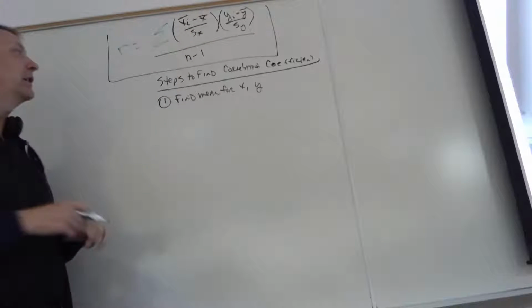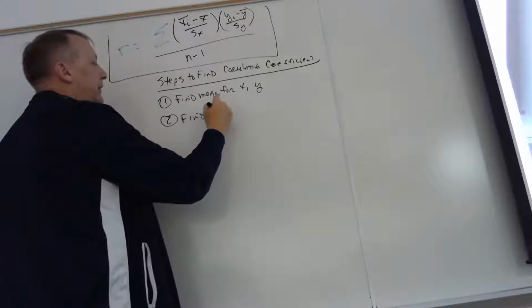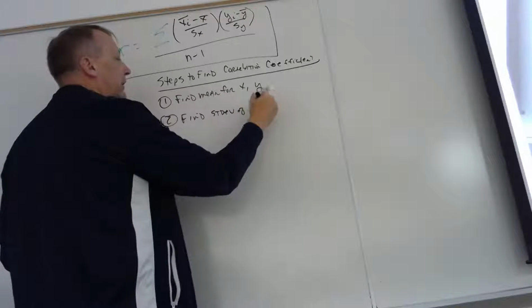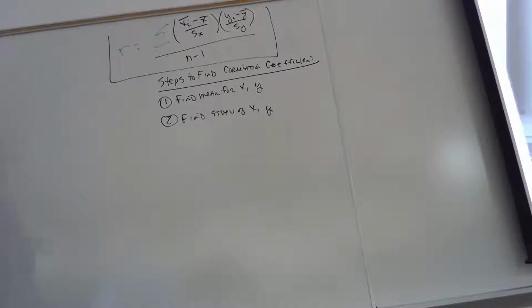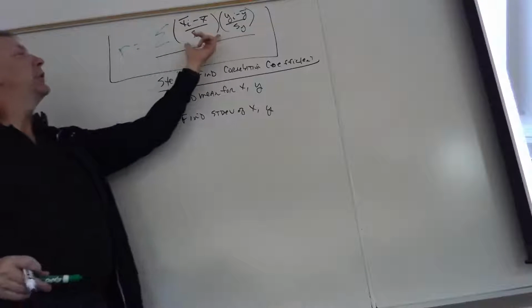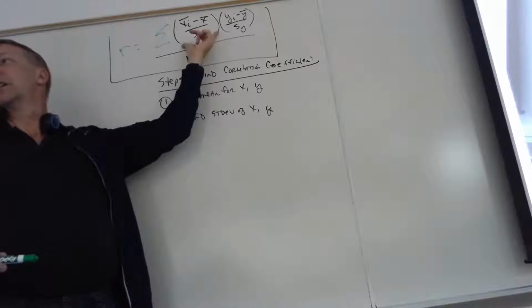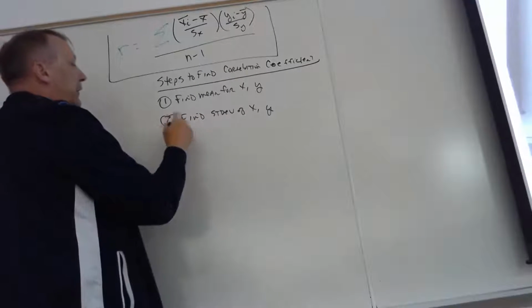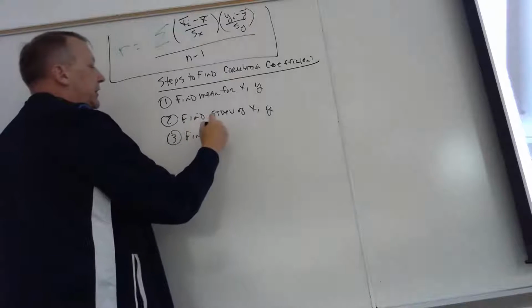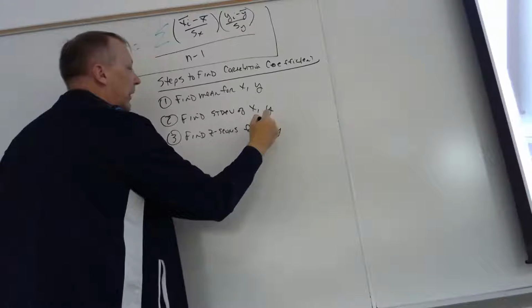Standard deviation of X. Second step, find the standard deviation of your X variable and your Y variable. Now, as we mentioned before, what is this part of the equation? So find the z-scores for your X and your Y variable.